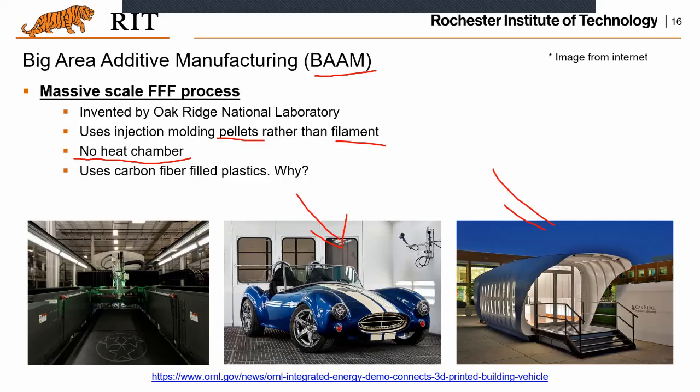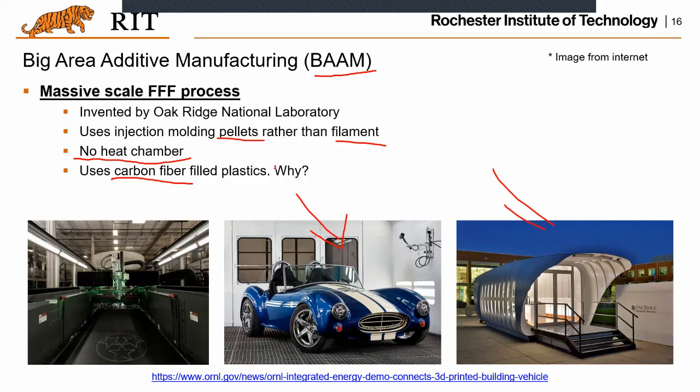But for such large prints, there is no heat chamber. So how do you prevent the curl? The solution for this kind of printing process is to use carbon fiber filling in this printing material, in this plastic material.